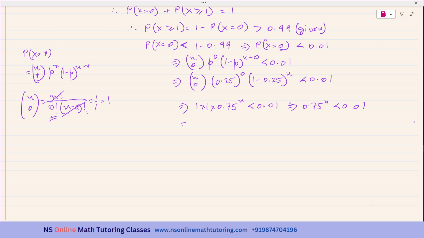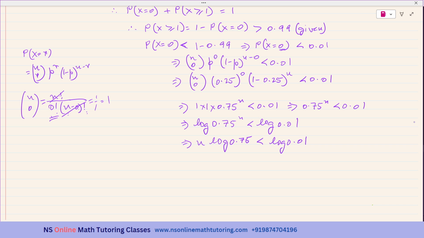So log of 0.75 raised to the power of n is less than log of 0.01, or n times log of 0.75 is less than log of 0.01.